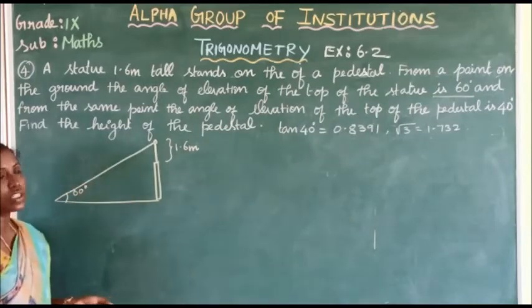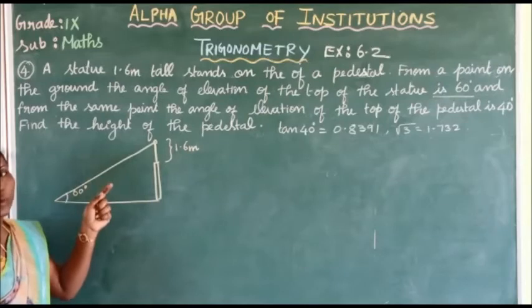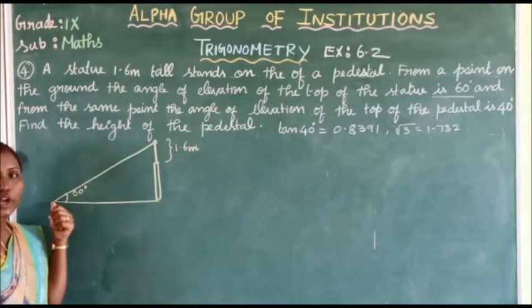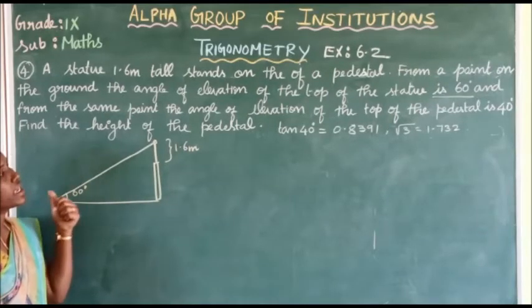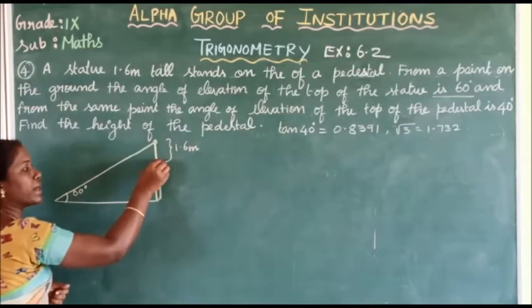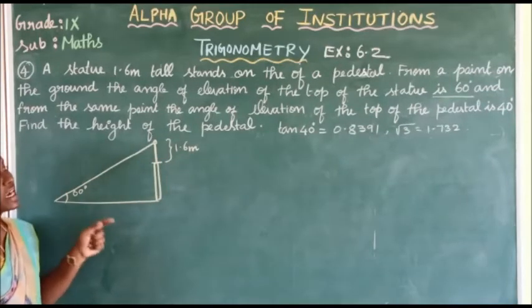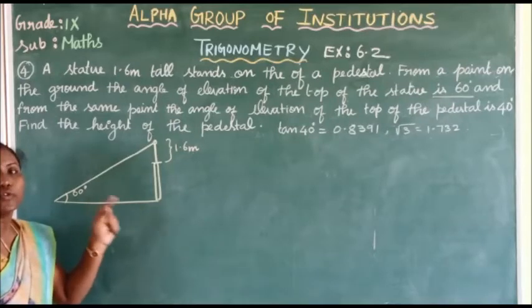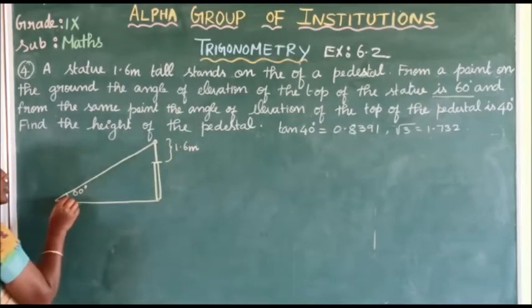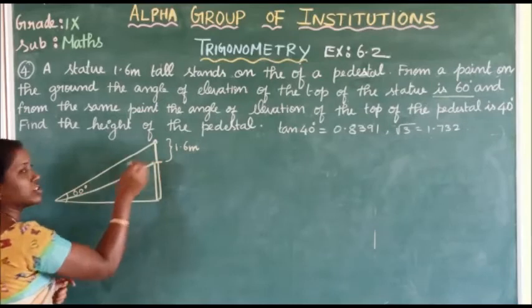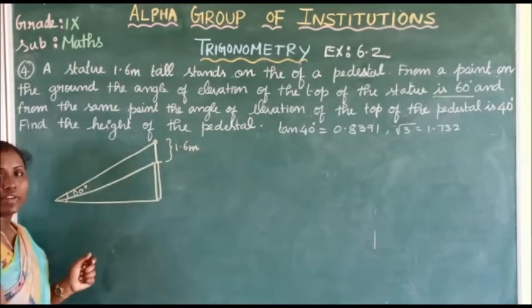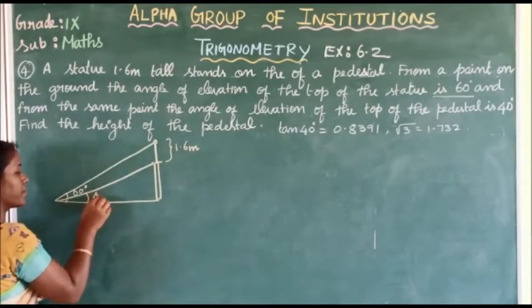And what is the next thing given here? From the same point of observation, he is seeing the top of the pedestal at an angle of elevation of 40 degrees.